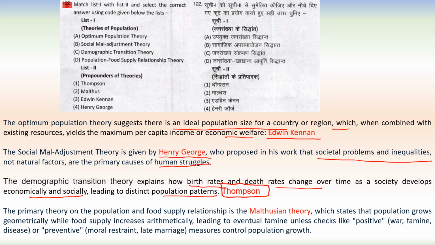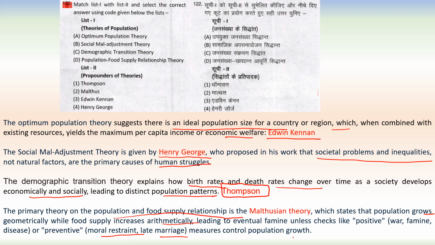The last one, the primary theory on population and food supply relationship, is given by Malthus, which states that population grows geometrically while food supply increases arithmetically, leading to eventual famine unless checked, like positive checks such as war, famine, disease, or preventive checks like moral restraint or late marriages, that control the population growth.